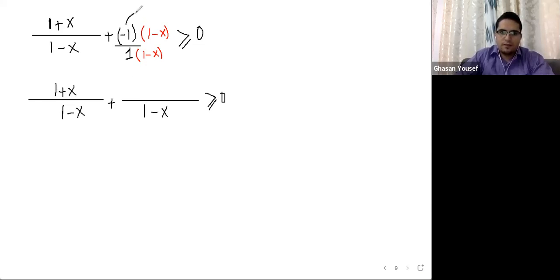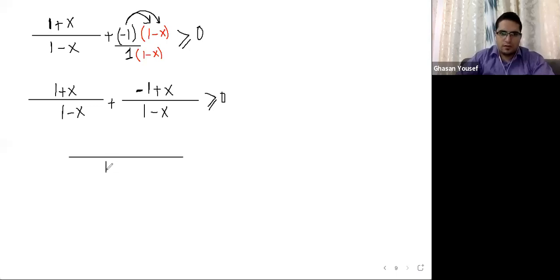Here we have to distribute the minus inside the parentheses: minus times 1 is minus 1, plus x. Both fractions now have the same denominator, 1 minus x, so we get one fraction.